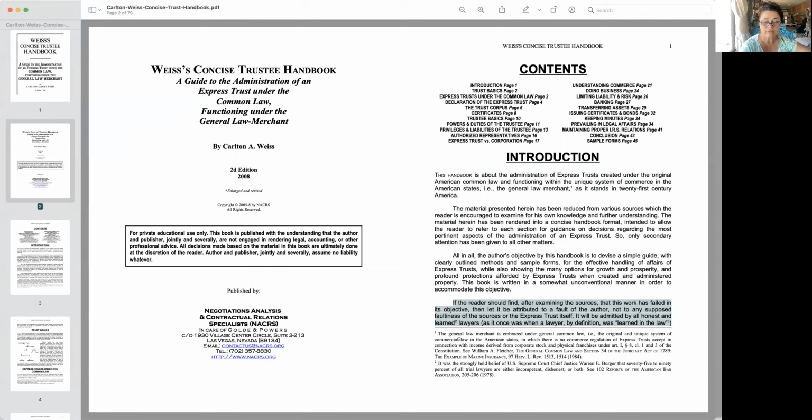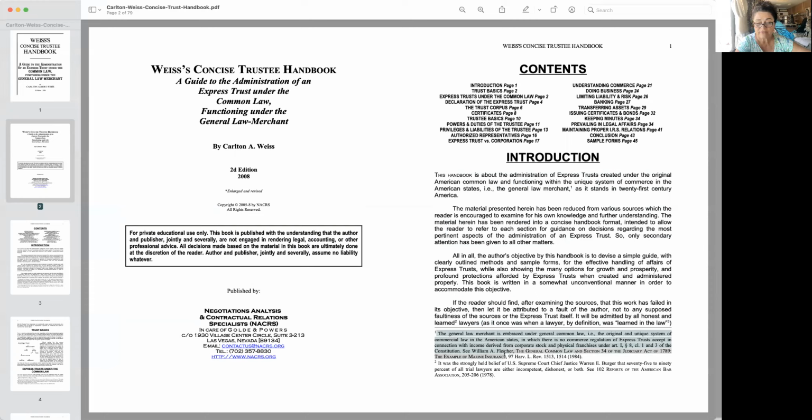Down here, this little footnote says that the general law merchant is embraced under general common law. Example, the original and unique system of commercial law in the American states, in which there is no commerce regulation of express trusts except in connection with income derived from corporate stock and physical franchises under Article 1, Section 8, Clause 1 and 3 of the Constitution.